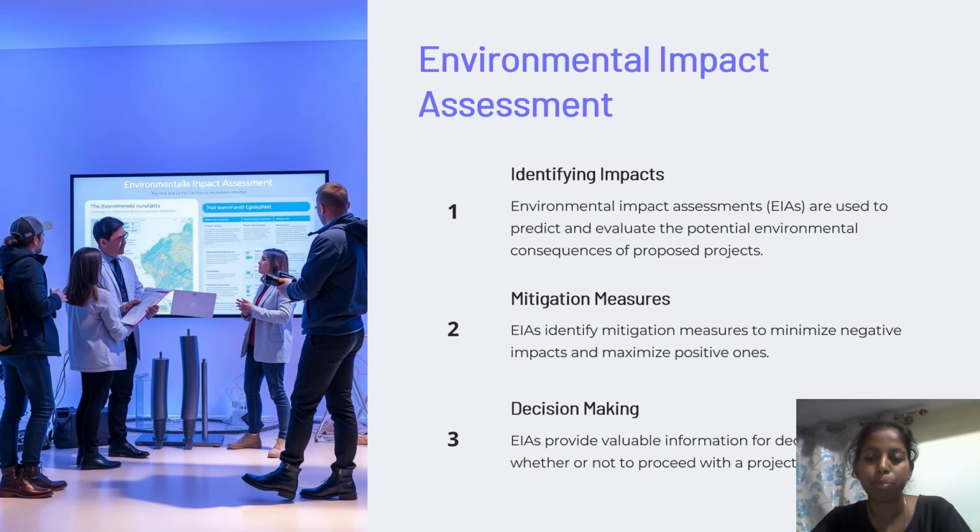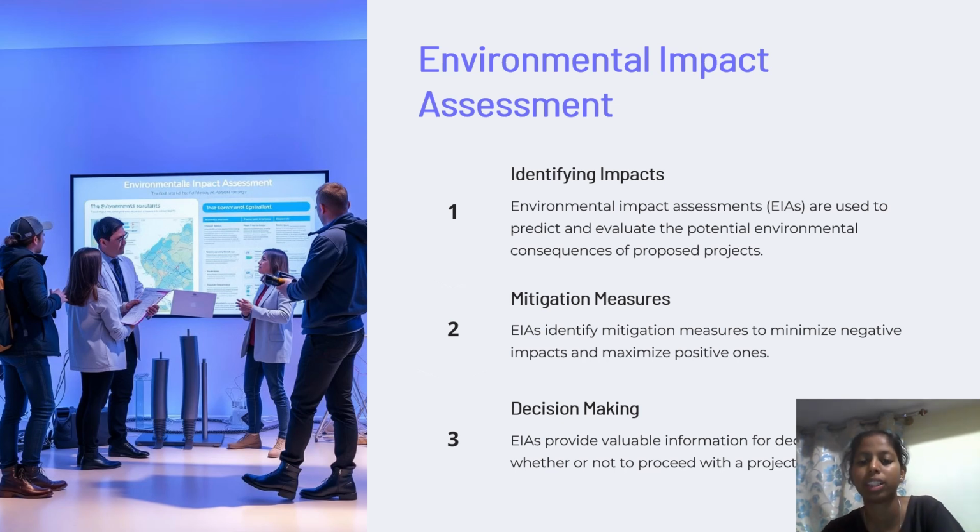Environmental impact assessment is nothing but this: before signing any project, we should measure three things. The first is identifying impacts. If we accept that project, we should identify the future impacts, positive or negative, on the environment.